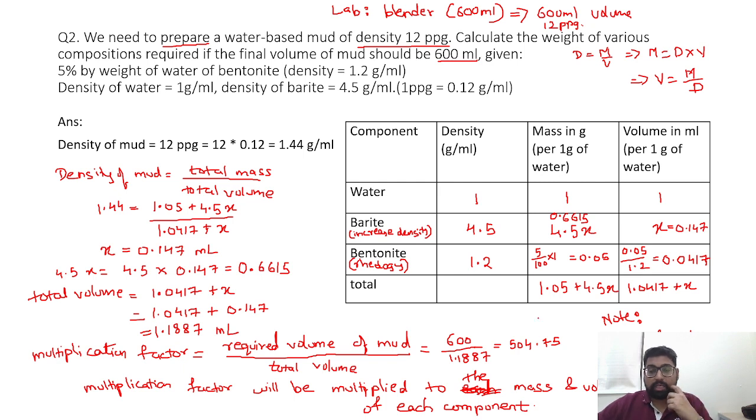So what will be the mass of water? Mass of water will be 1 into the multiplication factor, that is 504.75. Similarly, for barite the actual mass after calculation is 0.6615, you will multiply with this. Similarly, bentonite, the mass is 0.05, you multiply with this. The volume of water is 1, you multiply with this. Each and every term you will multiply with this.